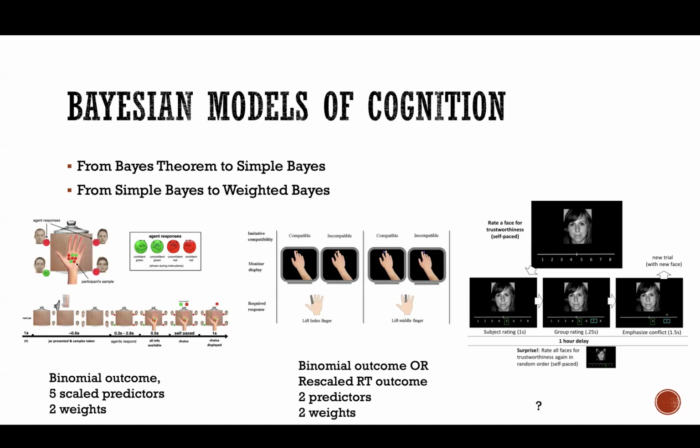After each of your ratings, you get told what your peers have picked. Then you do a filler task for about an hour. Then you're shown again the same 150 faces in a randomized order, and then you have to rate them again.